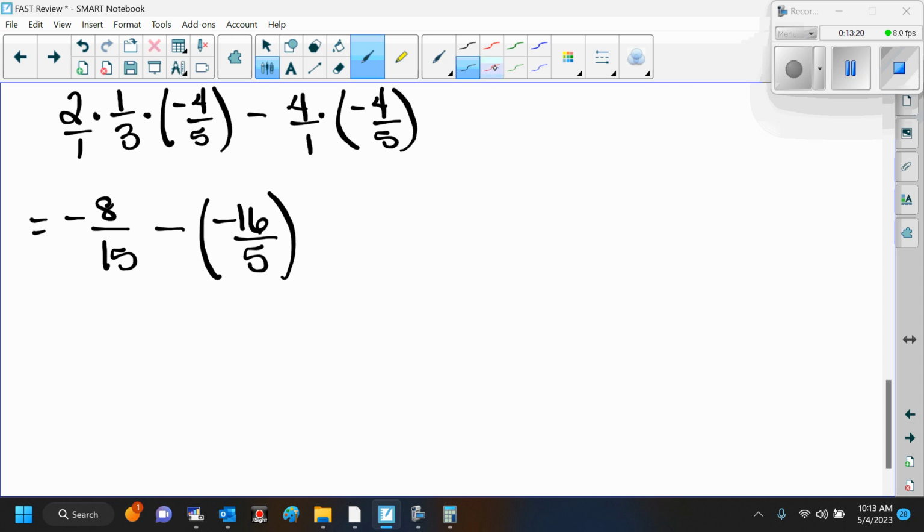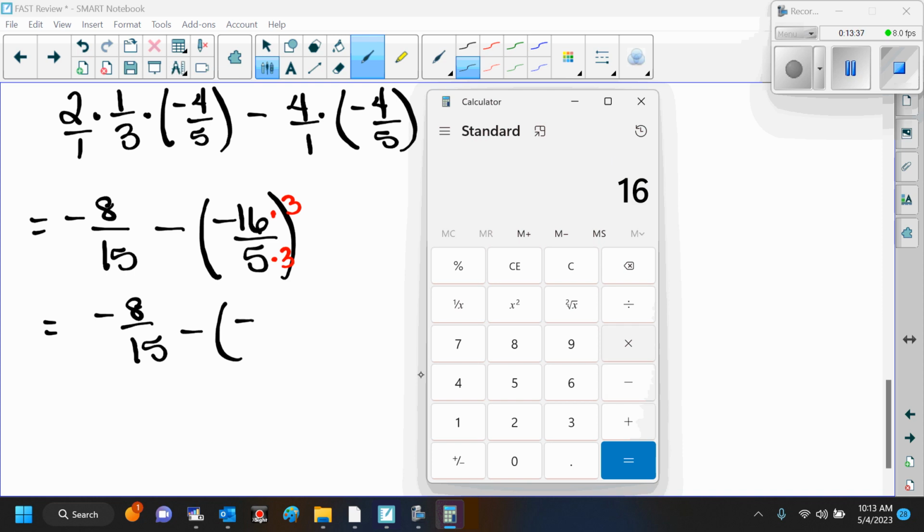So now we need common denominators, right? The common denominator with 5 and 15 is 15. So we're going to multiply times 3 over here. And when we rewrite, we have a negative 8/15 minus a negative 16 times 3, 48.